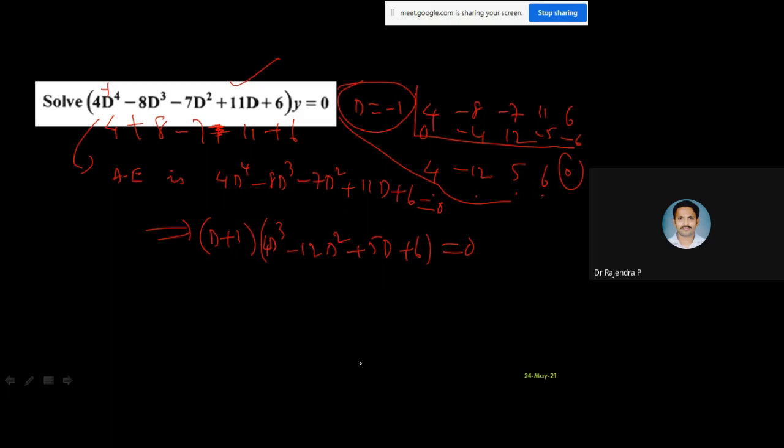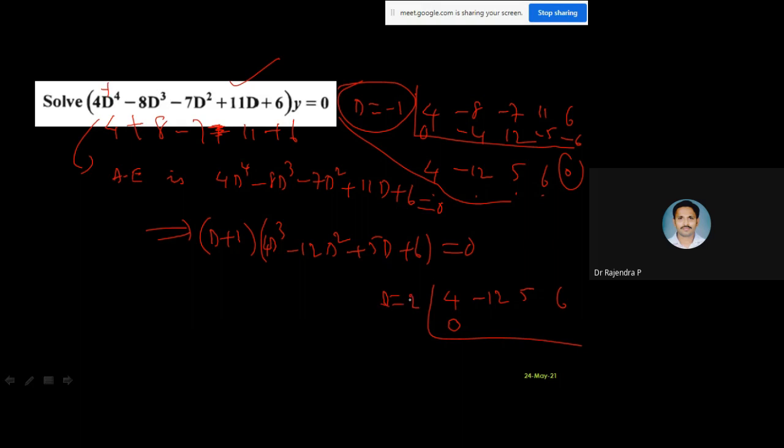Now again you may have a doubt, sir, how to go ahead with this one. Again, cubes are there. As I told you, you have to take these as coefficients: 4, -12, 5, 6. You should start with D = 1, D = -1, maybe D = 2. Let me take 2 and check it. I already checked; of course, we know this problem.